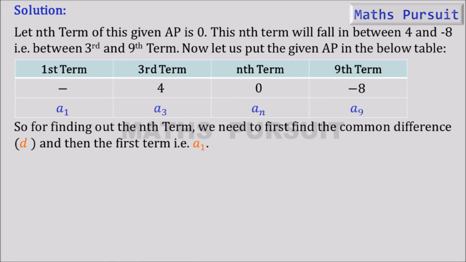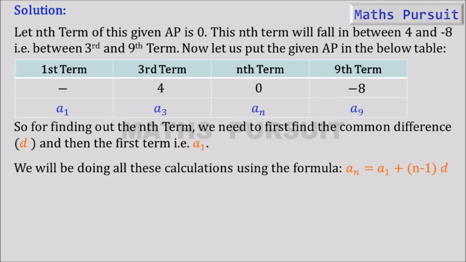So for finding out the nth term, we need to first find the common difference D and the first term, that is A1. Here we do not know A1, the first term, and for that reason we definitely need to find out the common difference D. Once we get these two things, A1 and common difference D, it would be easy for us to find out the nth term.